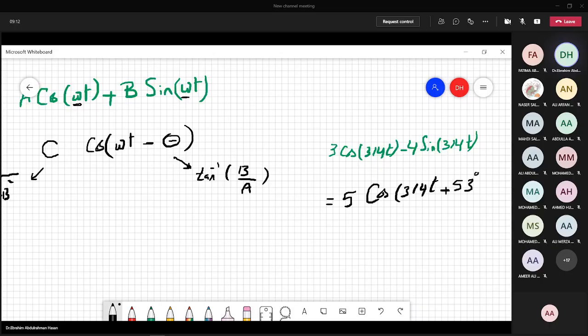Minus minus, we will get plus 53. So this is a pure sinusoid. If you want to write it in terms of sine, then it is equal to 5 sine. We know that sine theta plus 90 is equal to cosine, so you just need to add 90 here, so it becomes 143.